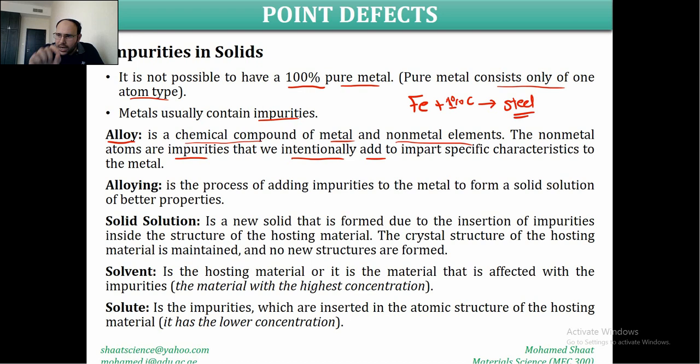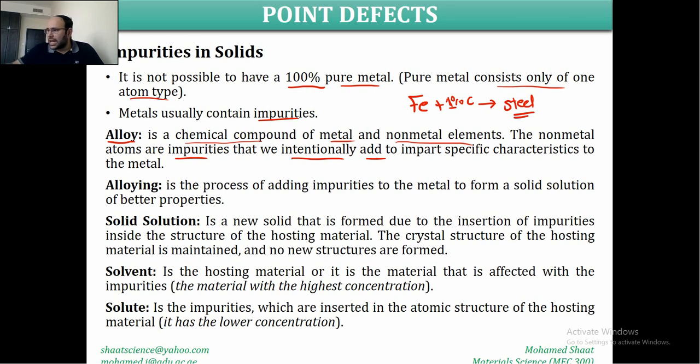Steel is iron plus a very small amount of impurities. One of these impurities could be carbon. But in addition to the carbon, we can add any other elements to give more properties. For example, if we added cobalt to the iron and carbon, this is going to give us stainless steel.